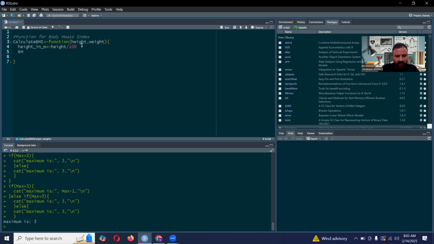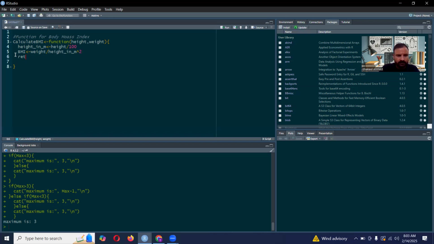Then you will find the BMI as height in meter, this will be in the denominator and the weight will be in the numerator, and square it.